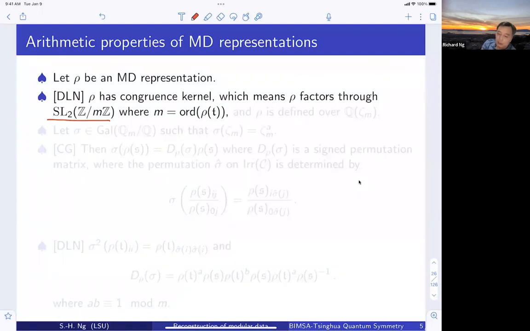And you know that the level is given by the T matrix, rho(T). Moreover, this MD representation is defined over the cyclotomic field of order m, where m is exactly the order of the T matrix under the image of rho.